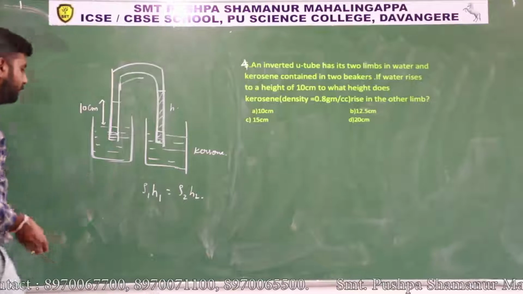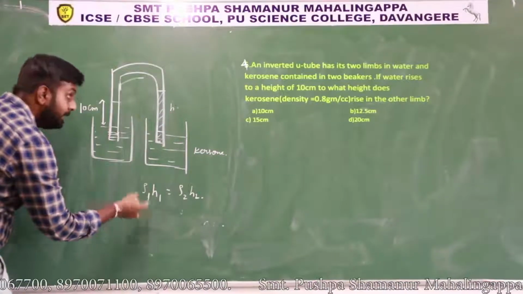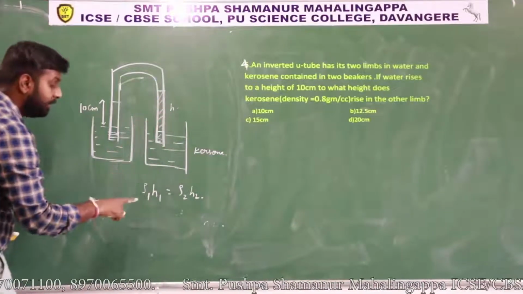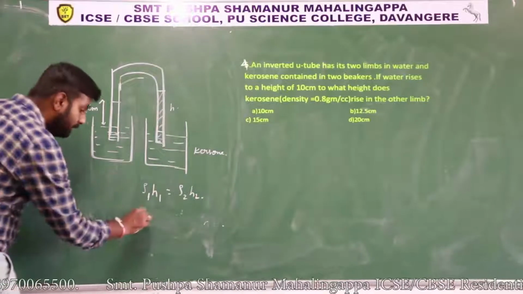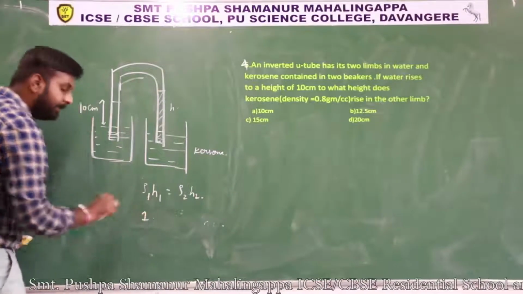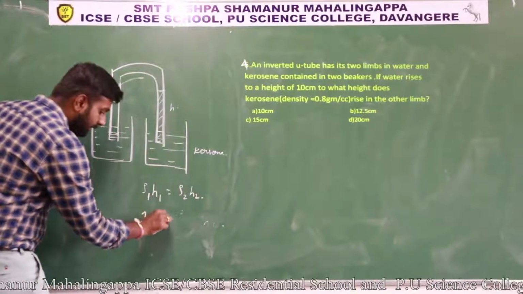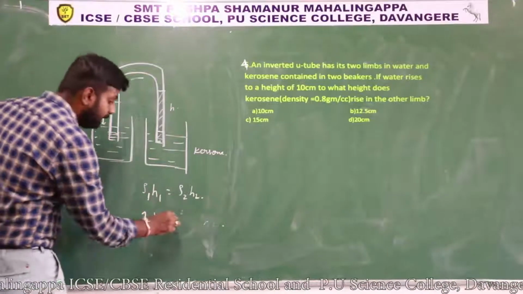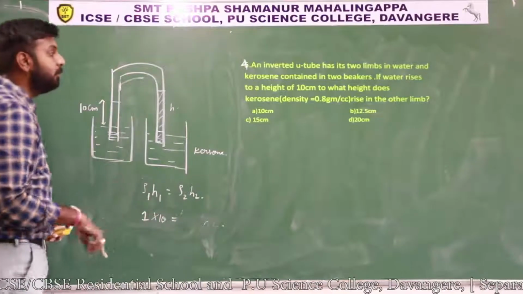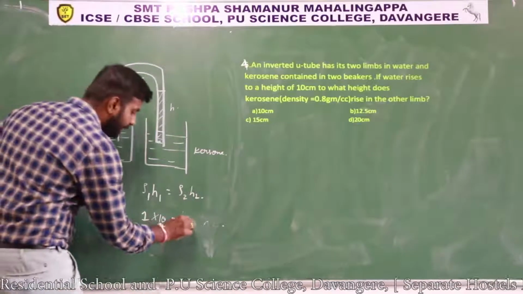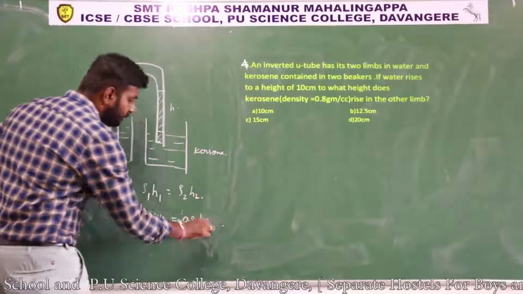rho 2 H2. Every unit is given in CGS system, that's why here also I will consider the density of water as 1 gram per centimeter cube, and H1 is given as 10 centimeter. This should be equal to rho 2, whose value is given as 0.8, times H2. We have to find H2.